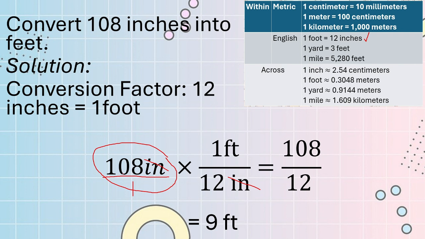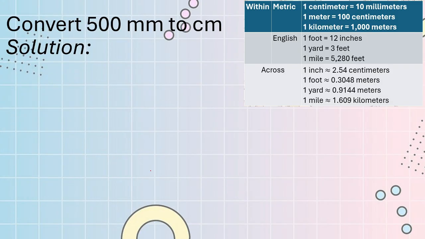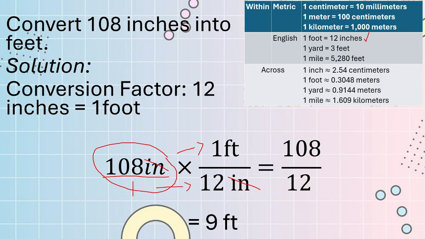So, 108 times 1, that is 108. And then 1 times 12, that is 12. Natanggal naman na natin yung inches, di ba? Ayun. So, kung mapapansin ninyo, 108 divided by 12, we have 9 feet. So, 108 inches is equivalent to 9 feet.